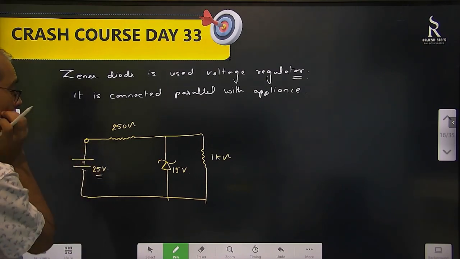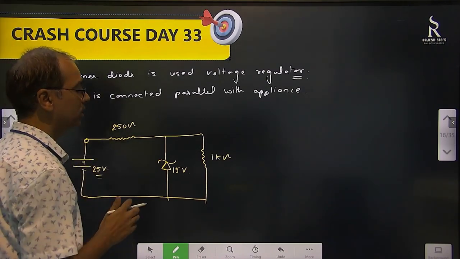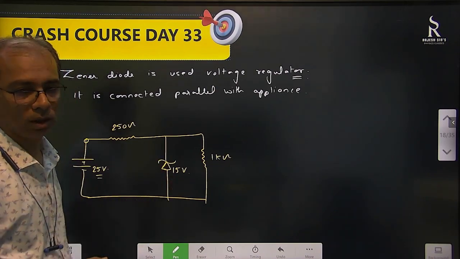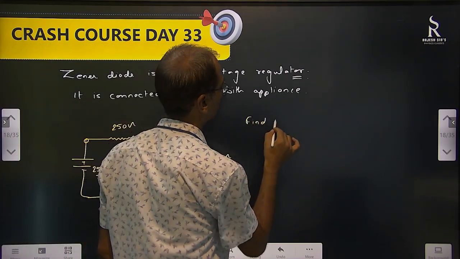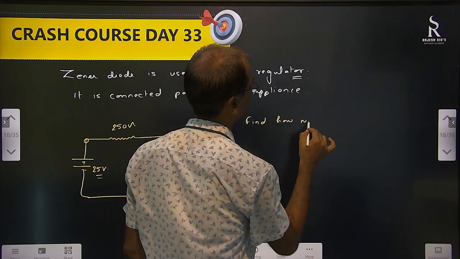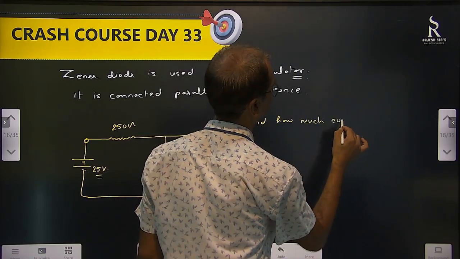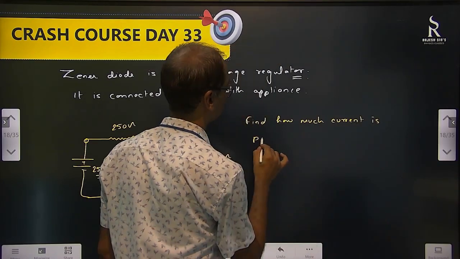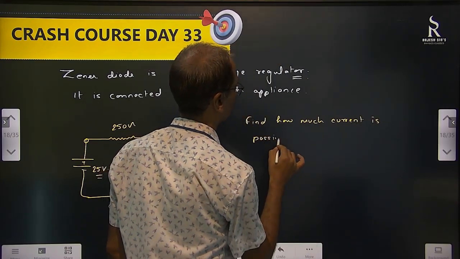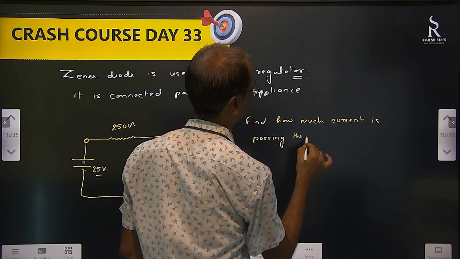Okay. Our question is: find how much current is passing through the Zener diode.